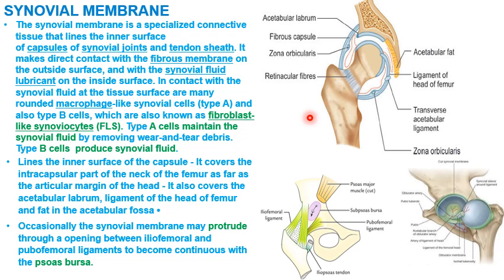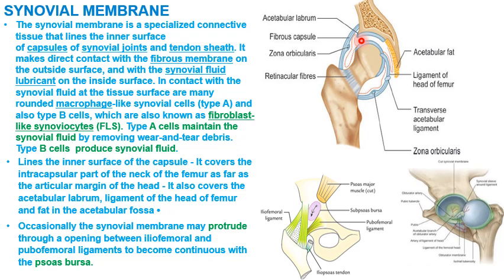So it lines the inner surface of the capsule. It covers the part of the neck as far as the head of the femur articular surface. That is the reason we said that the retinacular fibers are behind the synovial membrane. It also covers both the inner and outer surfaces of the acetabular labrum.